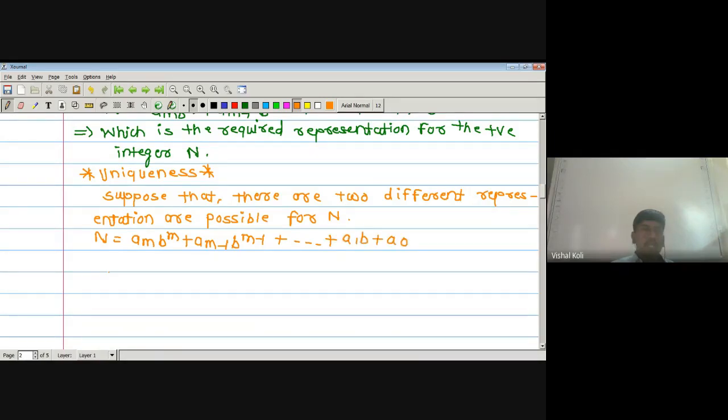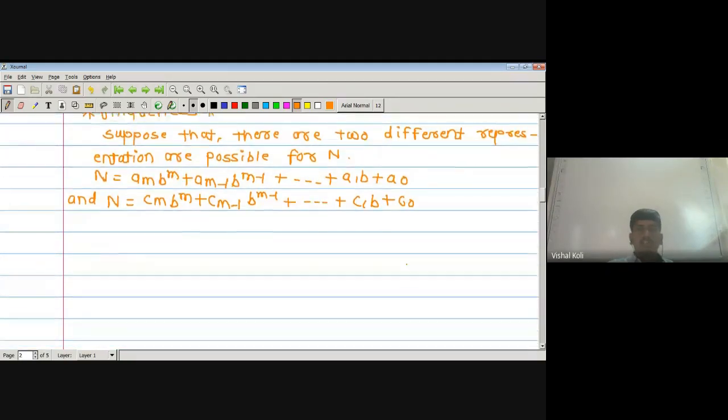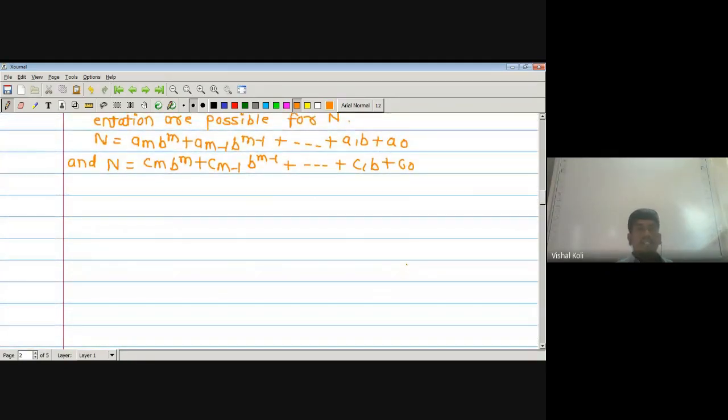This one is the first one, and the second one is n equal to cm b to the power m plus cm minus 1 b to the power m minus 1 plus and so on up to c1 b plus c naught. These are the two different representations for the positive integer n. Okay, and they are distinct.